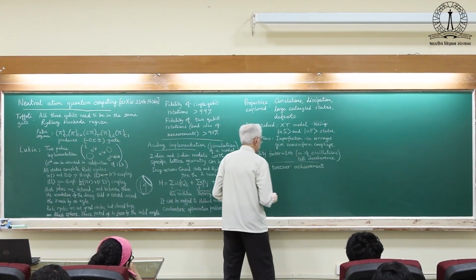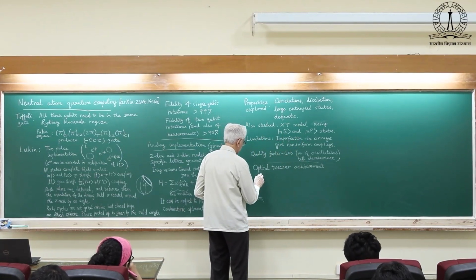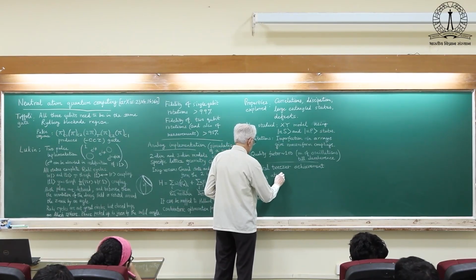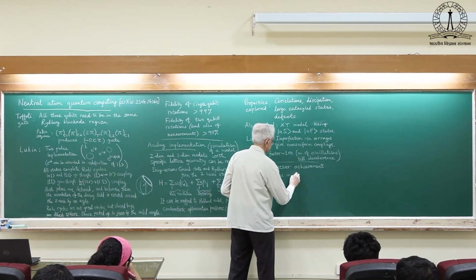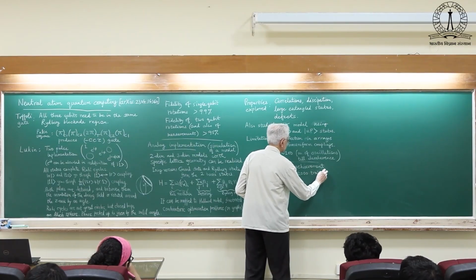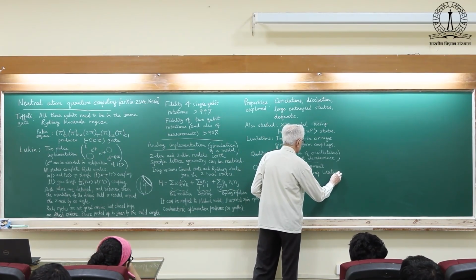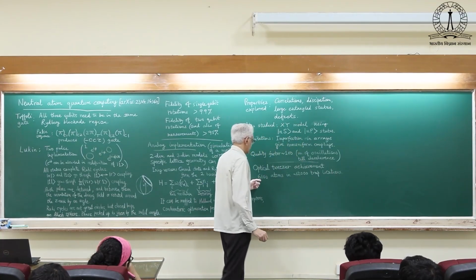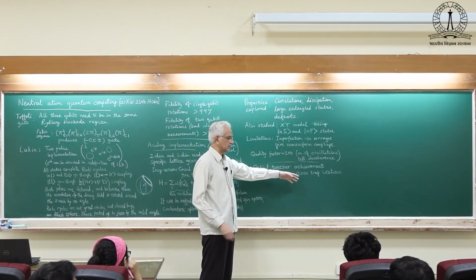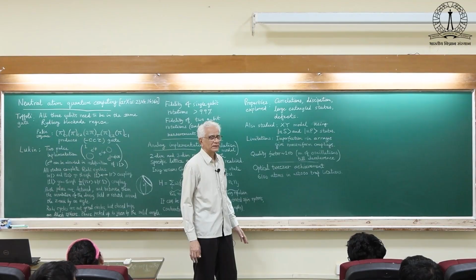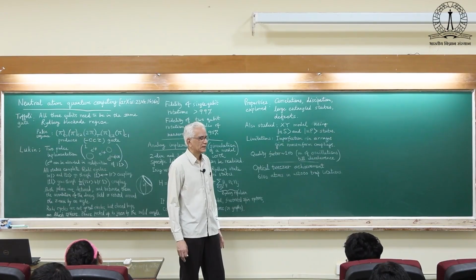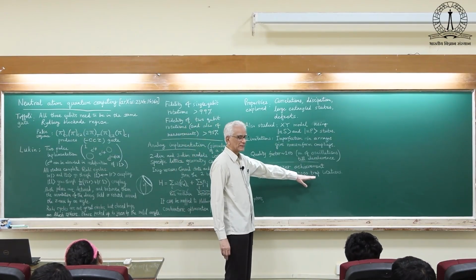There was a paper, so they were able to load about 6,000 atoms in a trap which had about 12,000 locations. As I said, the filling fraction is about half. But these numbers are becoming large.